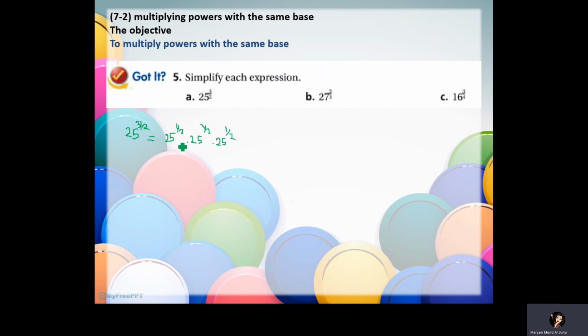I know the number that when you multiply it by itself 2 times, again I'm looking for the denominator, which will be my root in the coming lessons. So that is equal to 5 times 5 times 5. 5 times 5 is 25, and 25 times 5 is equal to 125.